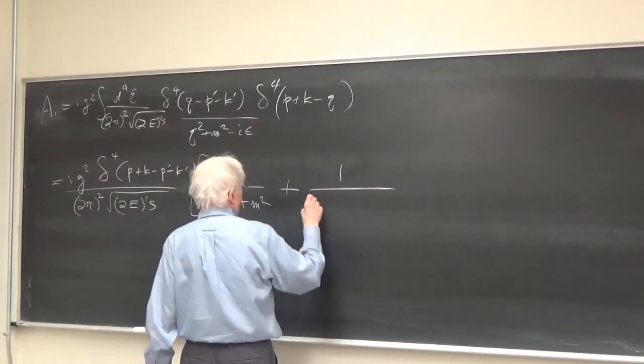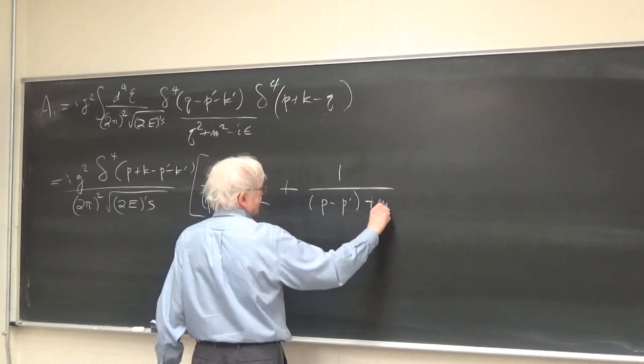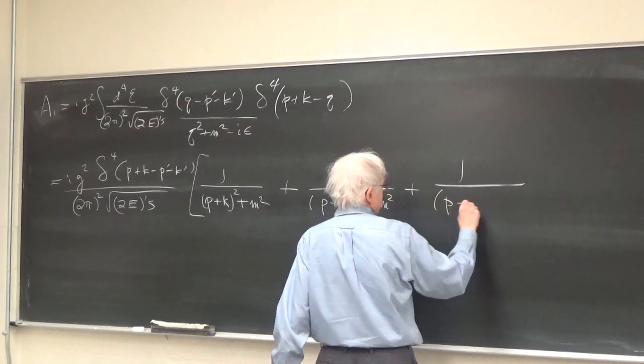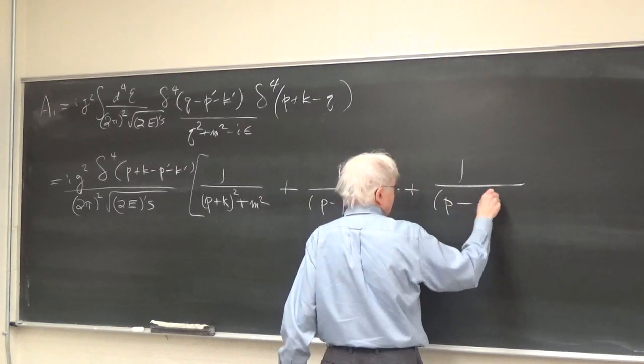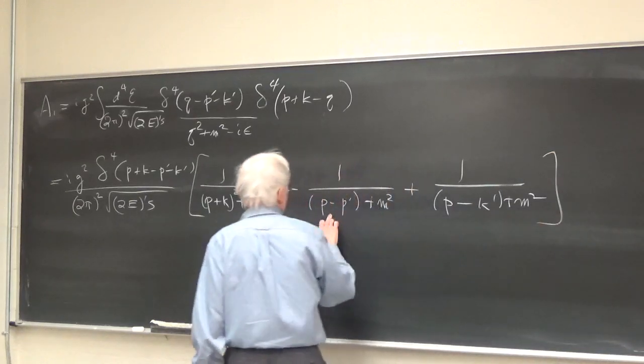It's just 1 over (p minus p prime) squared plus m squared, and the other one is 1 over (p minus k prime) squared plus m squared. And let's just see why this would be true.